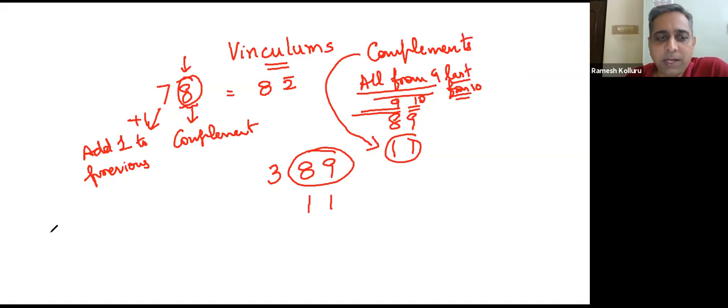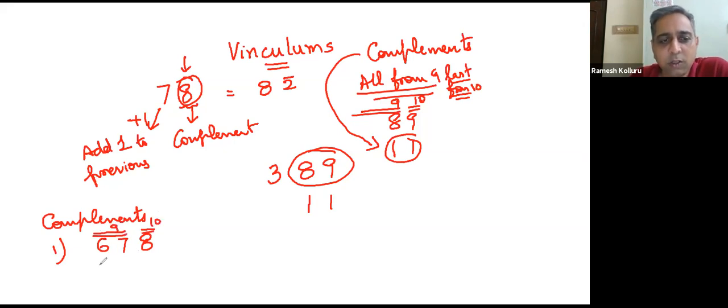Suppose for complements, let us say 678. These two digits are subtracted from 9, the last digit from 10. So my answer is 322.